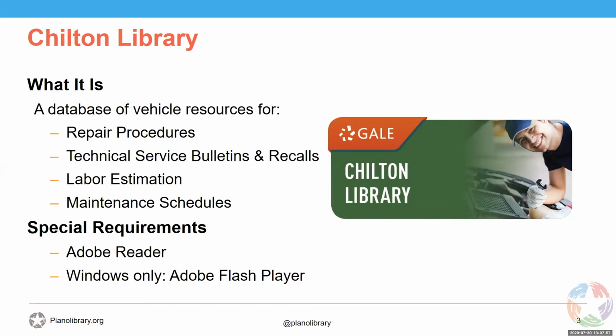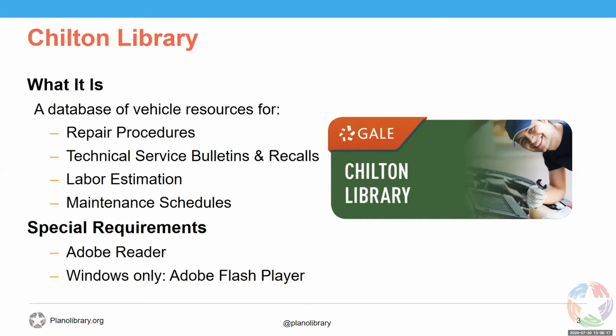And then the maintenance schedule is exactly the same thing you would find inside a vehicle, the little guide of what you do for each mileage. But say you've lost it, it's got damaged, or you bought a used car that didn't come with one, you'd be able to see the maintenance schedule on this particular part of the database.